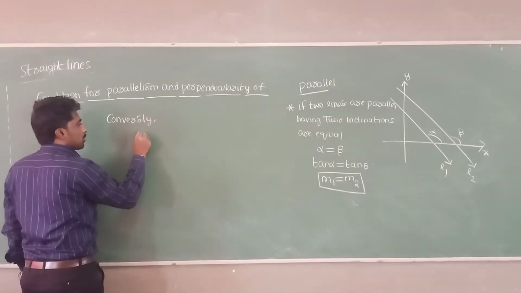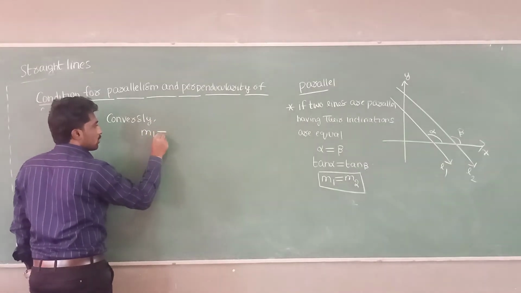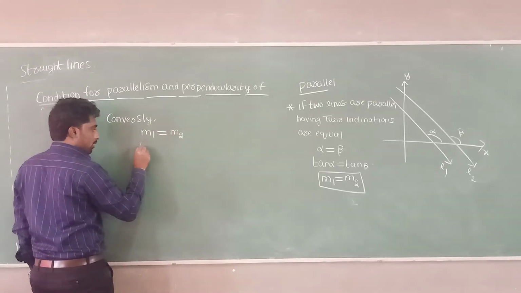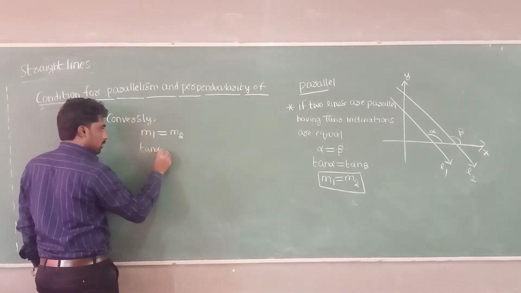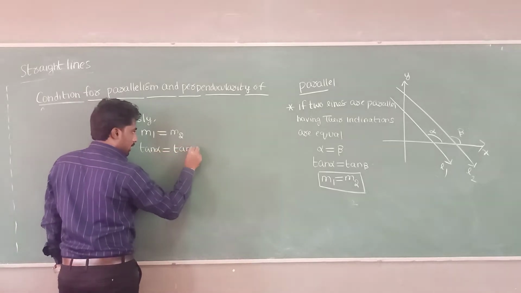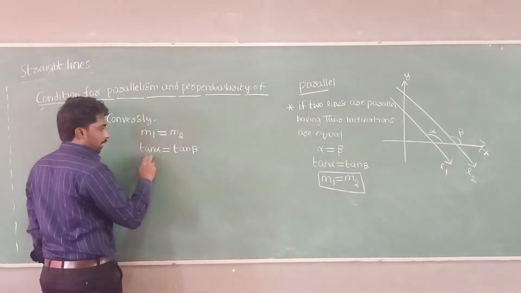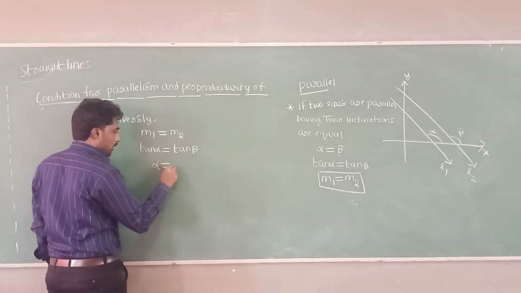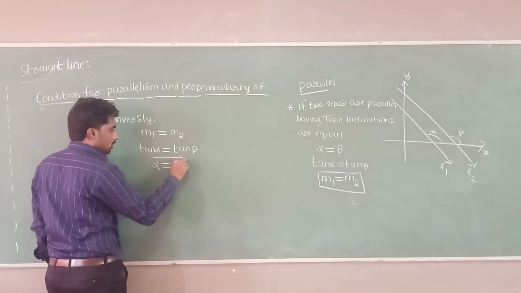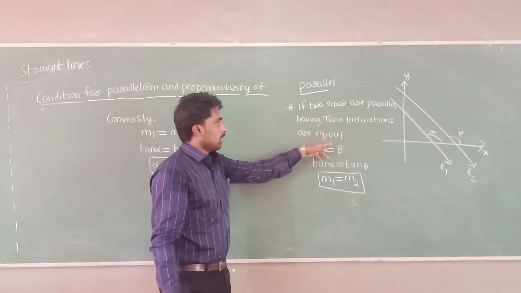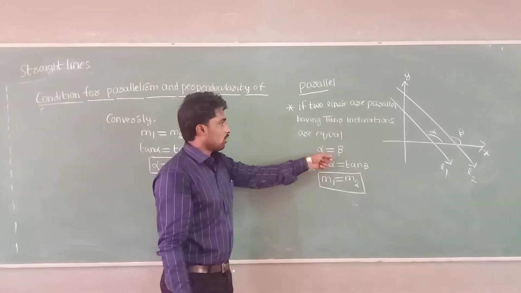Conversely, if slopes are equal, m1 equal to m2. Okay, so what is m1 value here? Tan alpha. What is m2 value here? Tan beta. Okay, by using tangent function, if tan alpha equal to tan beta, so then alpha equal to beta. You see here, so starting what I told, if two lines are parallel and the inclinations are equal, alpha equal to beta.